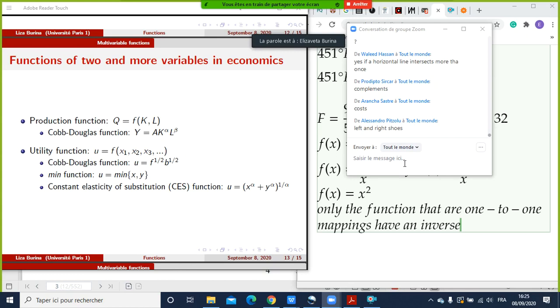For example, for each 2 croissants, we consume 1 cup of coffee. That's the framework, and it sounds quite realistic. Or for every 1 croissant, 1 cup of coffee, or 1 croissant, 2 cups of coffee. It depends on your preferences, because all utility functions, after all, depend on your preferences.